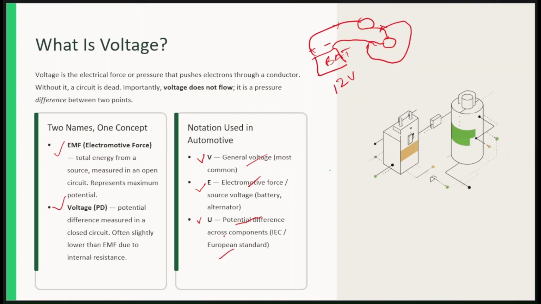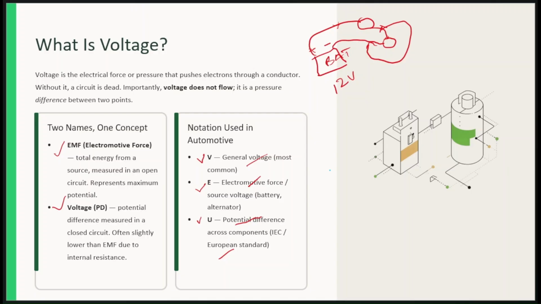It's almost the same. We understood the difference between voltage, potential difference and EMF. The notation is V, E or U. Hope this is clear to you.